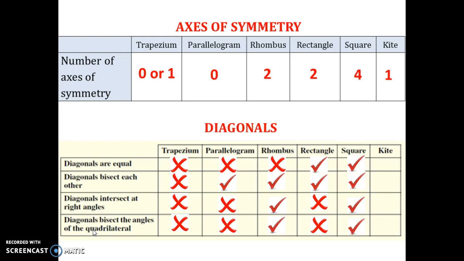For the kite, the diagonals are not equal. They do not bisect each other. They intersect at right angles, and only one of them bisects the angle. So also with the diagonals bisect, one of them is cut in half, but the other one's not.